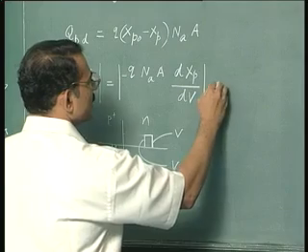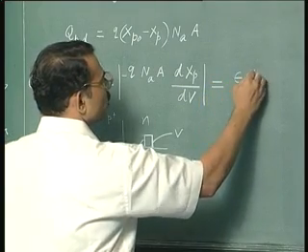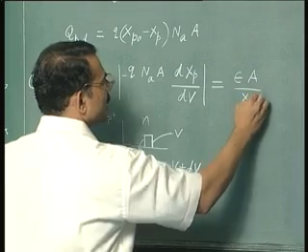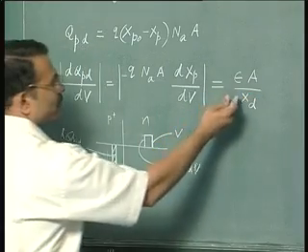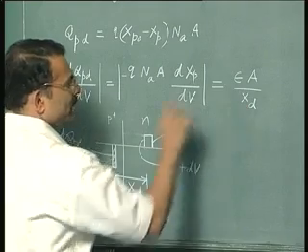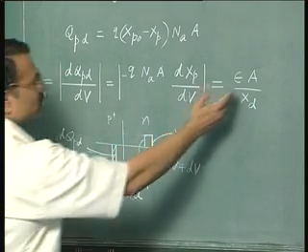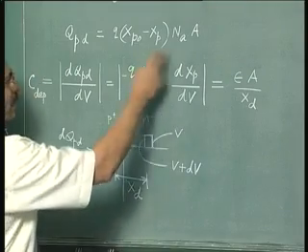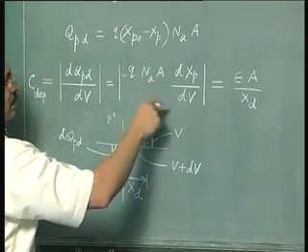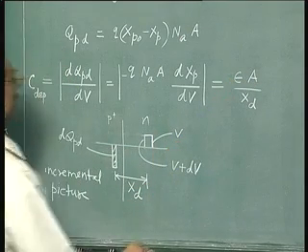We can show that this will be equal to epsilon into A by XD. Okay, this is the capacitance because of a parallel plate capacitor, plate separation XD. So this is a physical approach to determining the equation. You can mathematically work out this expression and then show that it is nothing but epsilon A by XD.